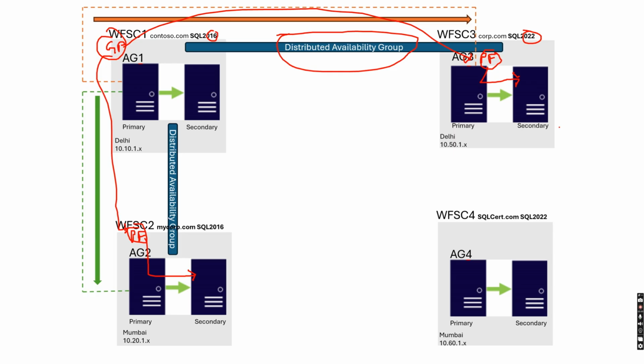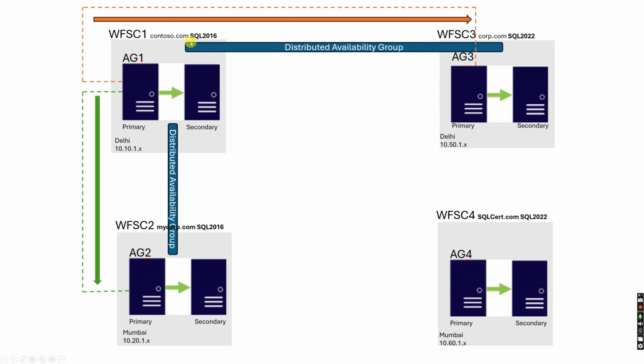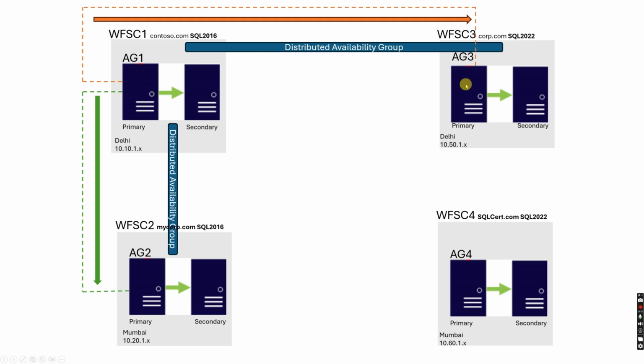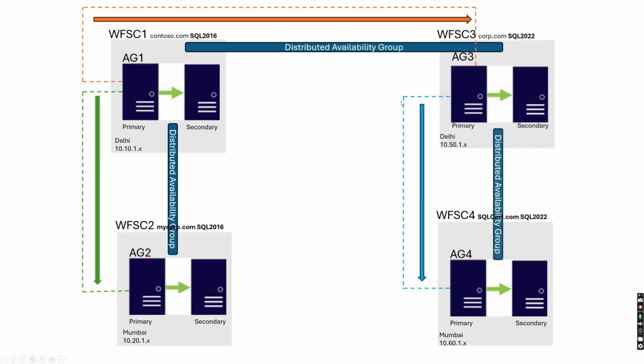Okay? But now we have left the servers which are in Mumbai. And at the time of cutover, we want the exact environment as we have in 2016. So what we'll do is configure another distributed availability group between 2022 and 2022.